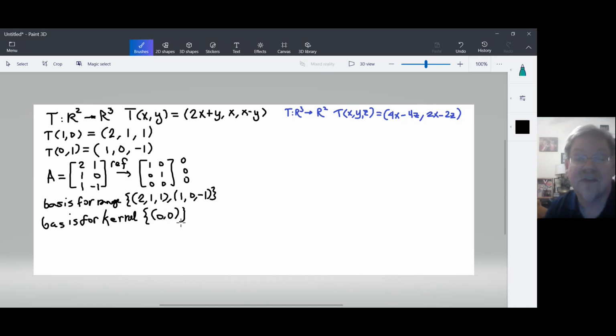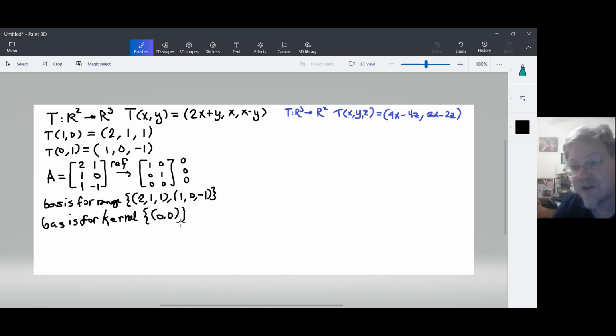So whenever the kernel comes out to be just the 0 vector, we say that the transformation is 1-to-1.